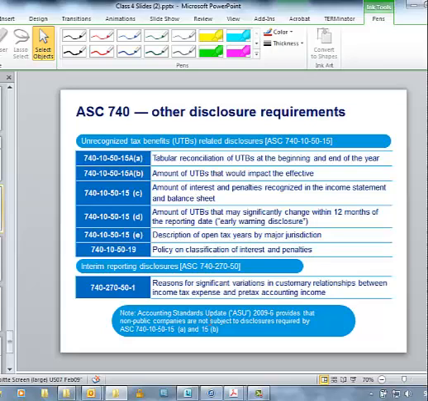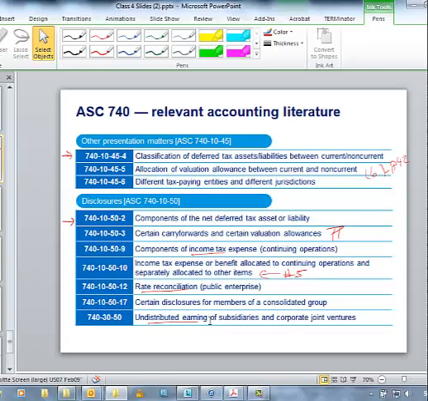And I think, if I'm not wrong, one of your homework assignments was to take the Intuit 10-K and take the disclosure requirement and write it next to the paragraph in their footnote where they said something, and explain why they said what they said. So, for example, if they put a rate rec in there, you should have said the reason they did that was this thing, 740-10-50-12.